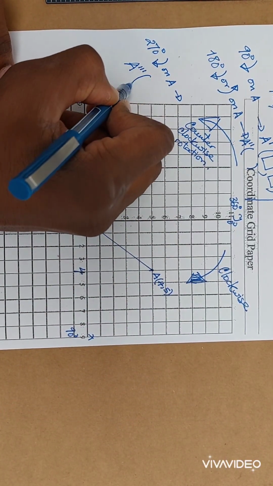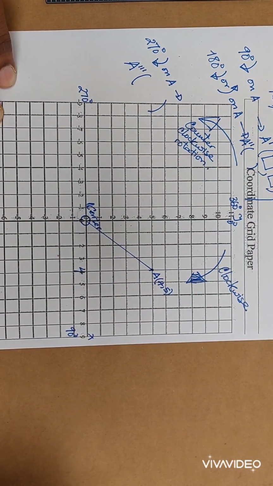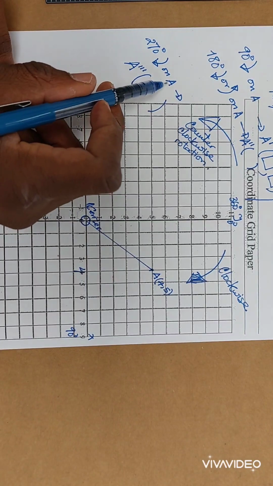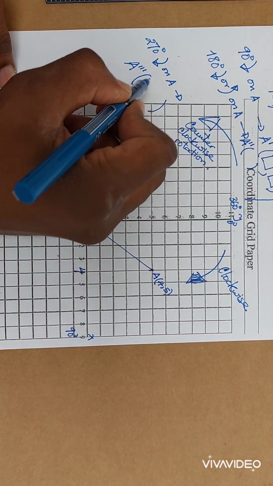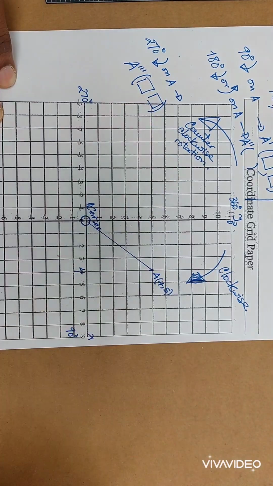Okay, so those primes are just ways of showing you that this point is different from the original point. Okay, so we will have a certain X coordinate here and a certain Y coordinate here when we're done with the rotation. So let's get started.